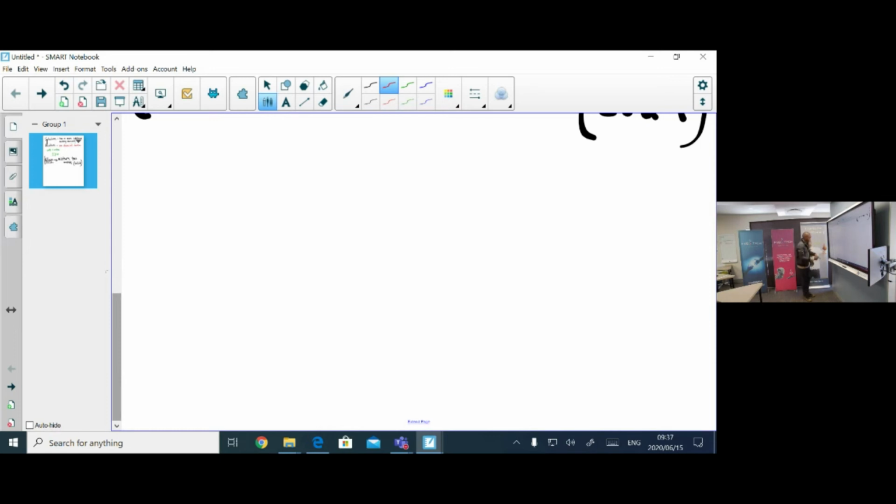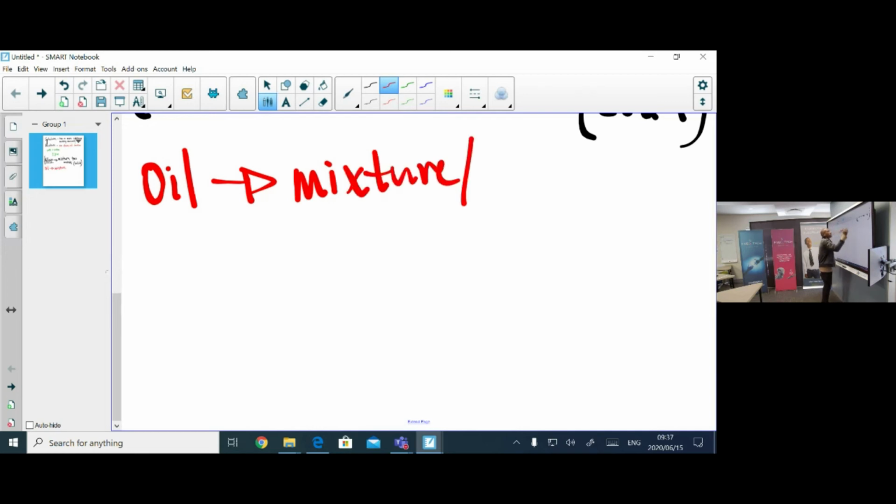So when we have something like oil, we know that oil is a mixture of different substances, right? Can we say this is a mixture or a solution? Mixture or solution? We have come to define these two terms, right?